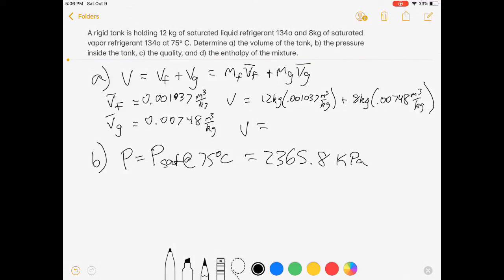And the volume is equal to 0.07228 meters cubed.